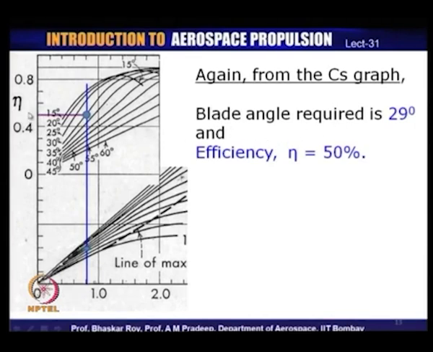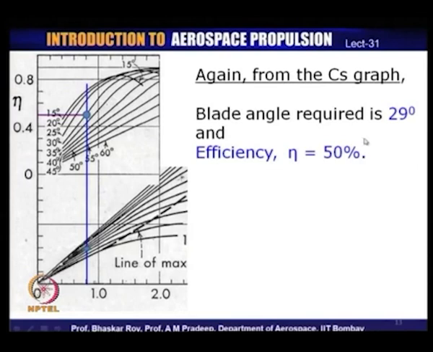This is what you get from this map, which is representative of this particular propeller that has been designed, and the characteristic map created out of that design. So this is the solution of the alternative flying operating condition specified in the problem, where we get a blade setting angle of 29 degrees with an efficiency of 50%.